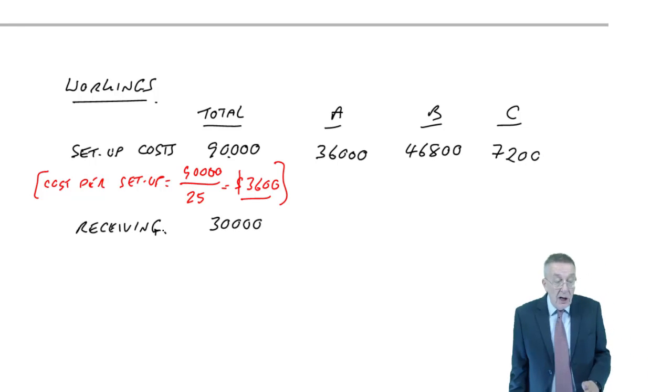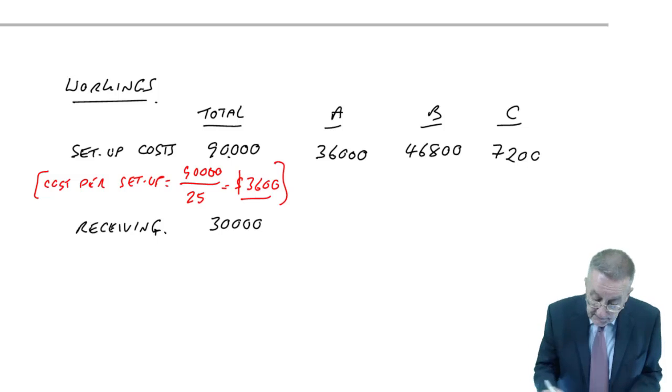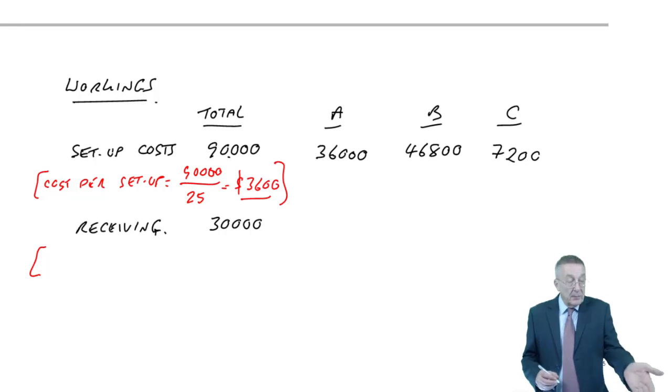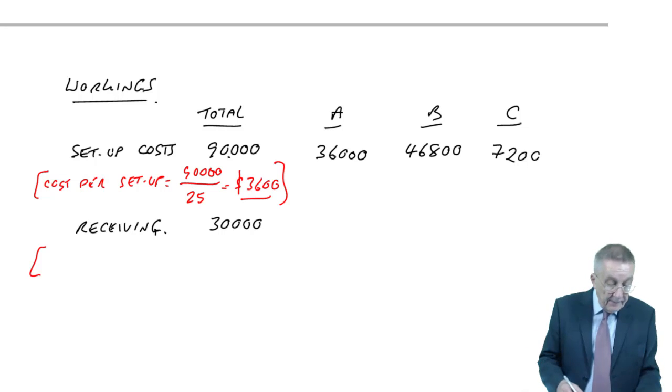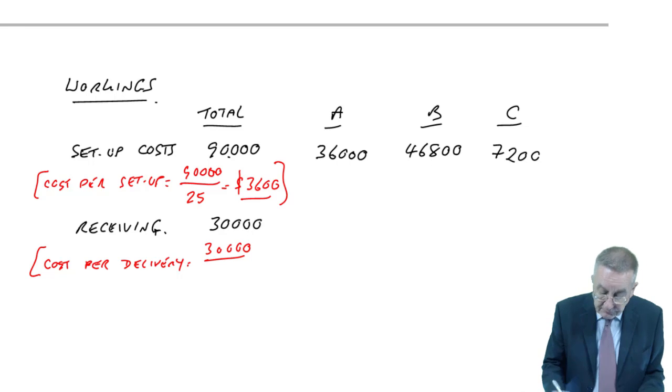And what would be the sensible way of charging it to the 3 products? Well, surely, since what's causing it is the number of receipts we get, we'll work out the cost per delivery received. So there's 30,000 in total.